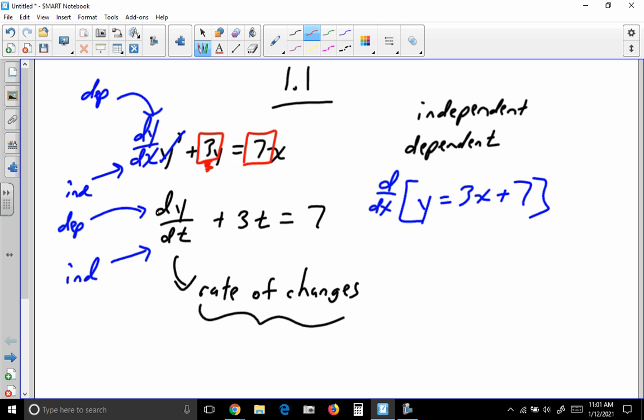If let's say we put another variable in front here, let's say we had a t squared in front of this derivative, then we have a coefficient here, a coefficient here, and then a constant on the other side. So our coefficient is whatever is in front of our variable, our differentials.